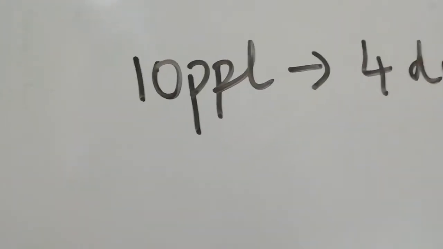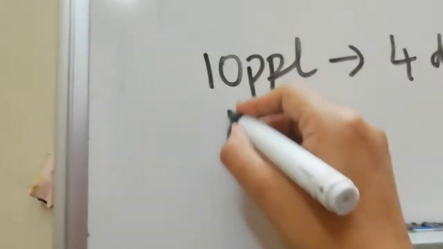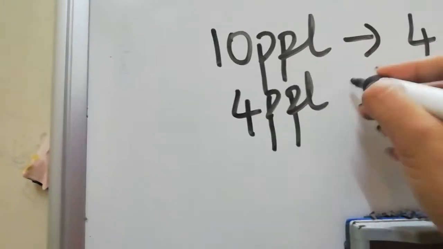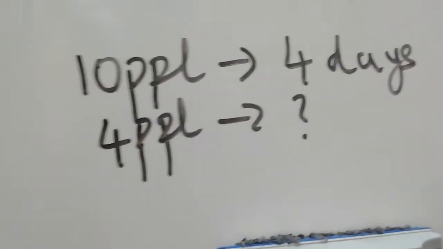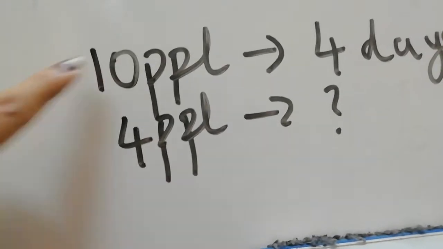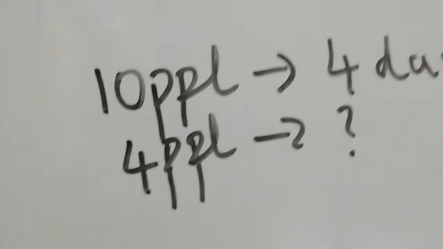Similarly, let us try another example. 10 people take 4 days to pluck pear. How many days will be taken by 4 people to complete this same work? Okay. Over here, more people, less days. Now the number of people has reduced.